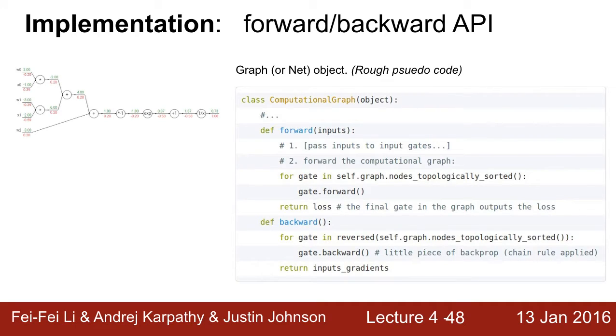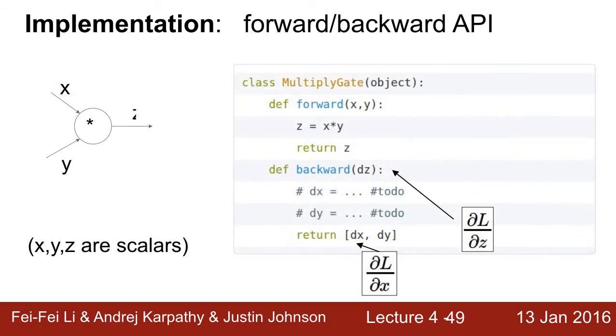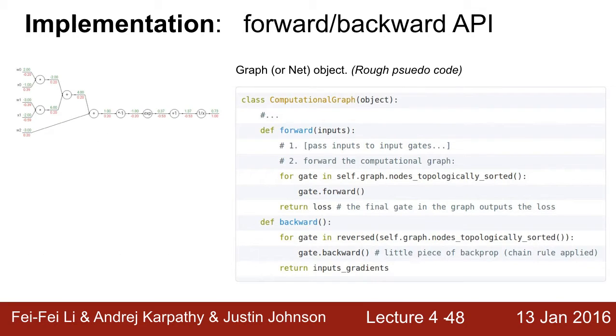So to implement this auto-differentiation procedure, in general, what I wind up with is some kind of pseudocode that looks like this, where I basically have a generic computation graph.